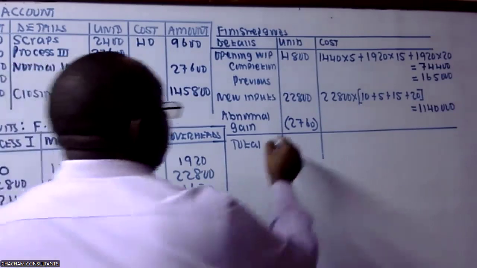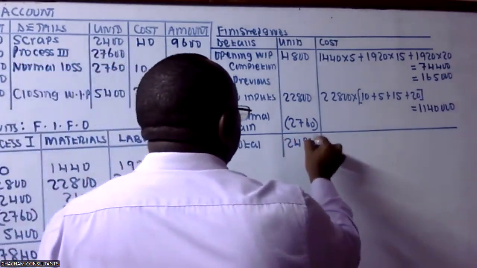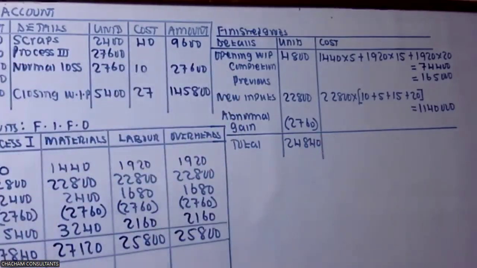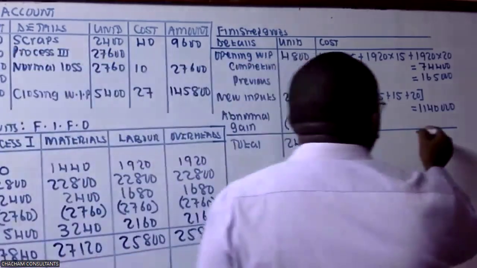We get 24,840. So let's add the costs up there. 1,140,000 plus 165,000 plus 74,400 is 1,379,400.